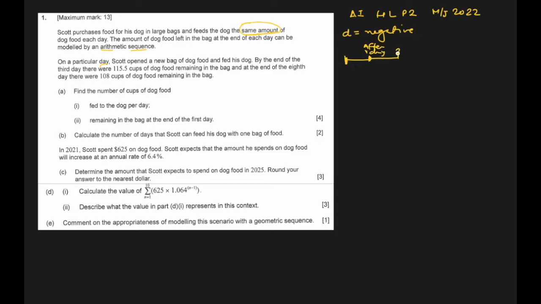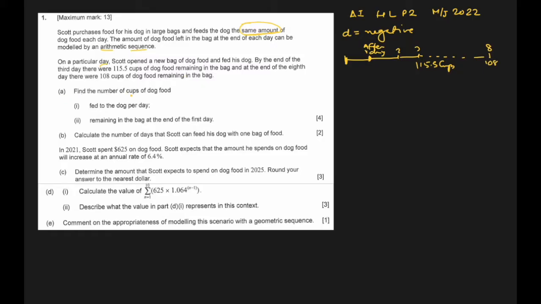Then after 2 days, some food will be left. After 3 days, some food will be left, right? And it is 115.5 cups left in the bag. And at the end of the 8th day, after 8 days, we have 108 cups left.